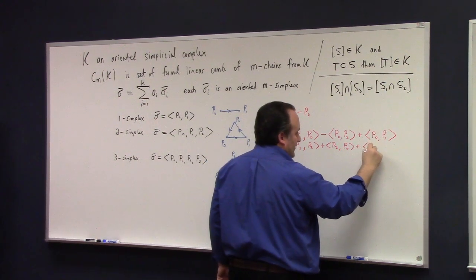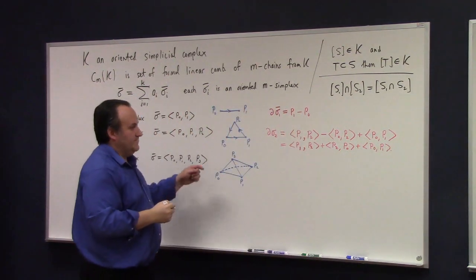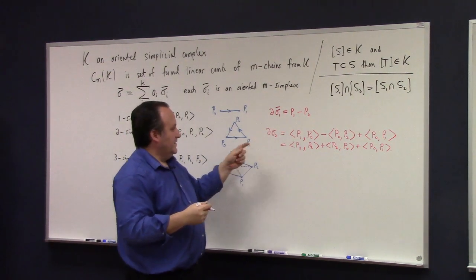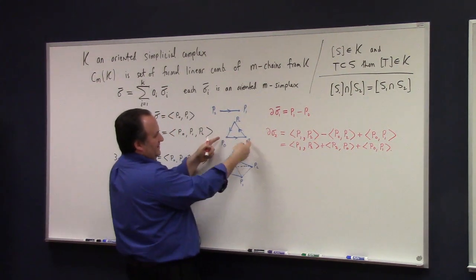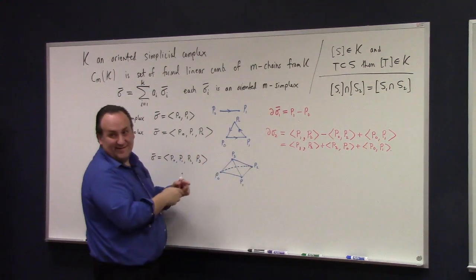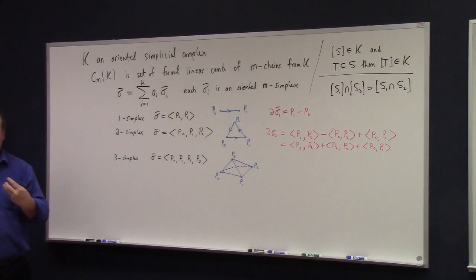So now we go 1 to 2, 2 to 0, 0 to 1. The boundary operator algebraically builds in the natural orientation of the boundary of the simplex.